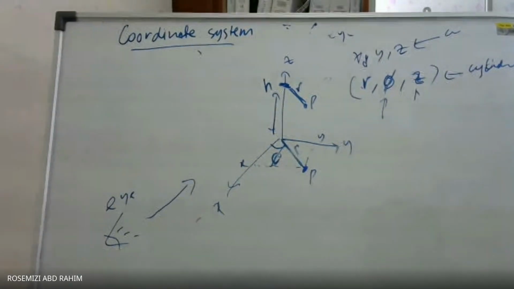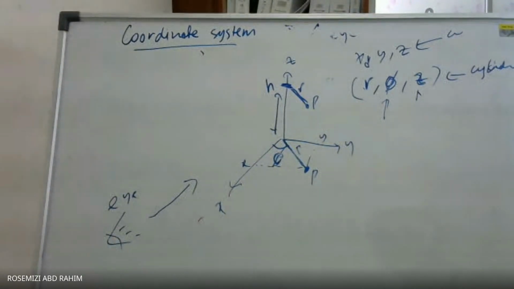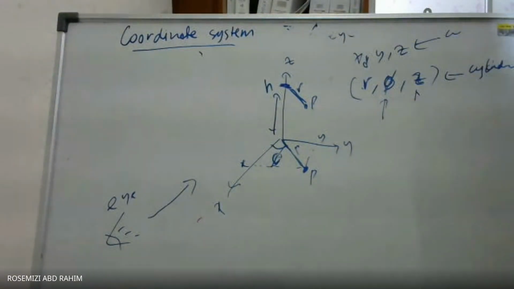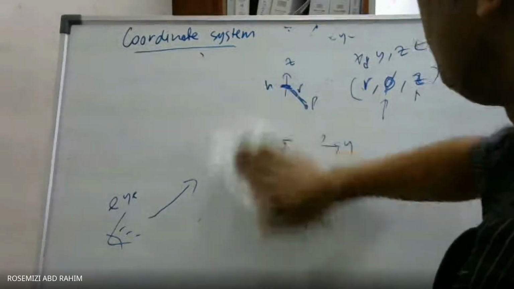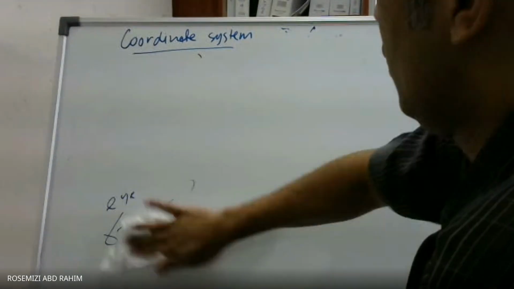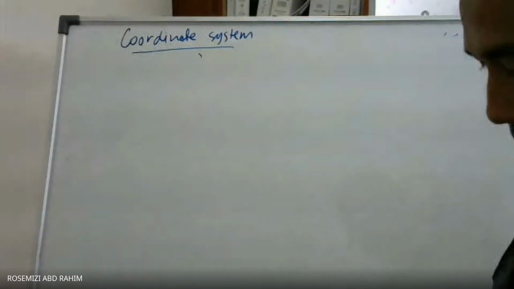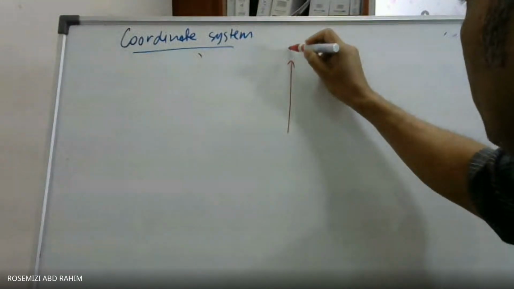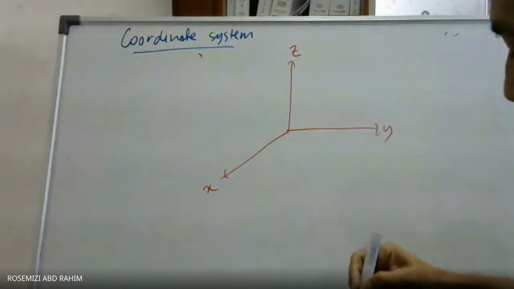So today we will continue with the third 3D system, which we call the spherical coordinate system. We have z, x, y.